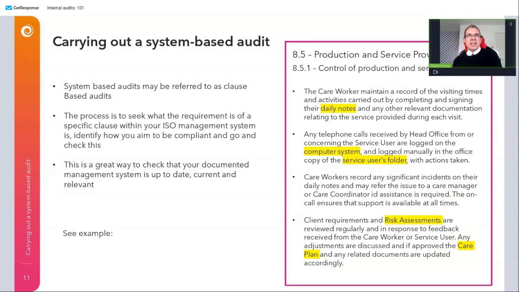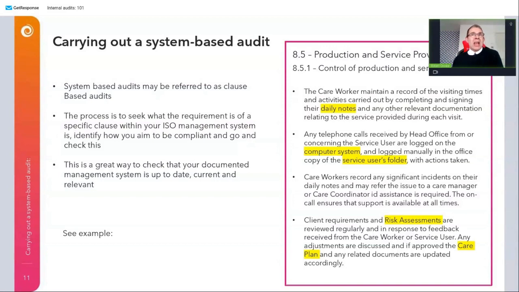In the example that we can see here, it's a very simple example that talks about the care sector and some of the activities that actually occur within a particular care organization. And in this example section of the client's manual, it does indicate some of the activities that are expected to be carried out.